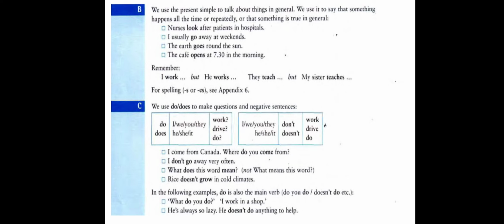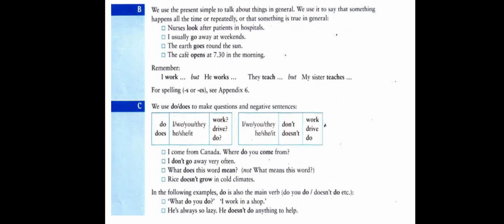I don't go away very often. The positive sentence is I go away very often. Very often expresses a habit or repeated action, so we use present simple. I is plural, so we use go, the verb in the base form only. To make it negative, we use do, don't. So it becomes I don't go away very often.